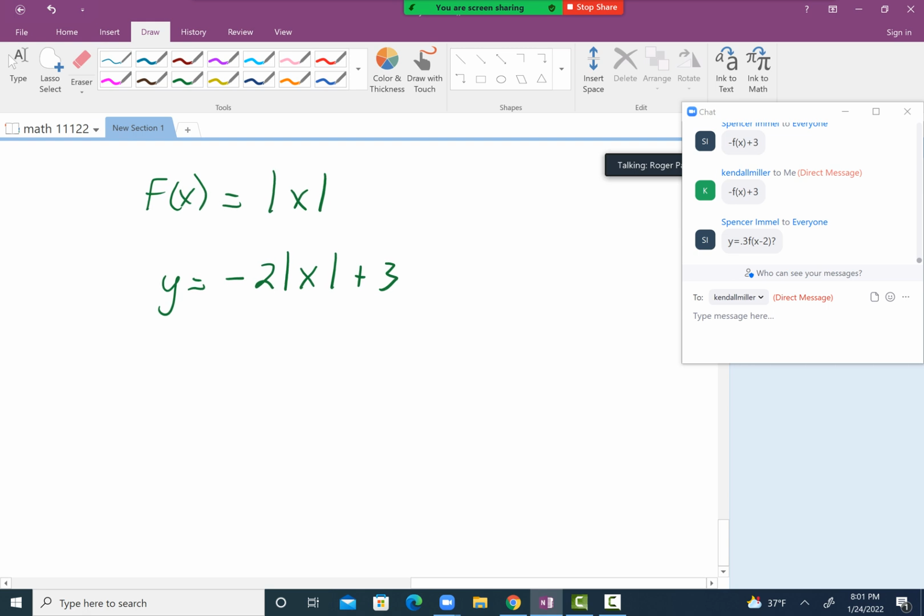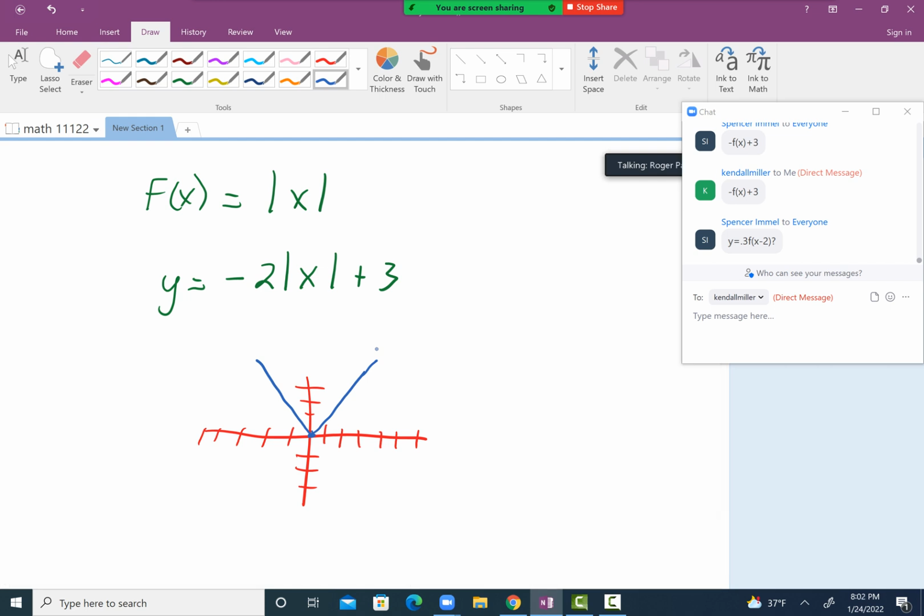All right, so here is what our absolute value function looks like. In case you don't remember, I'm going to put it in blue here. Your absolute value is a v, so it looks like that. That's what an absolute value function is.